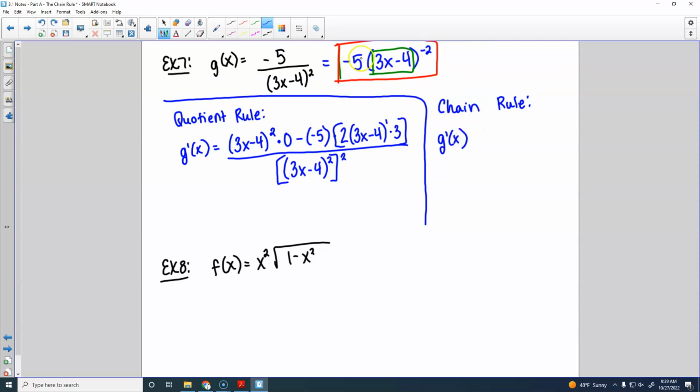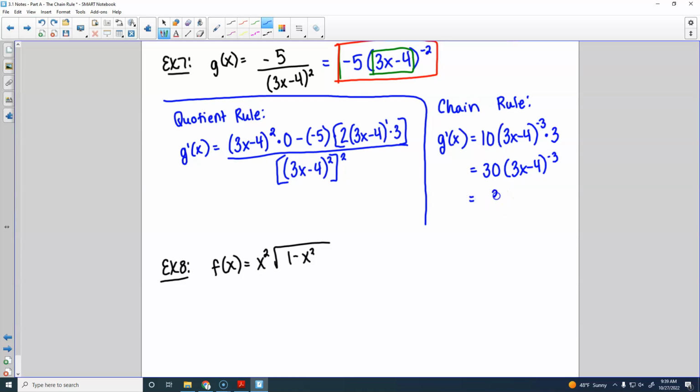So negative 2 times negative 5 gives us 10. We'll have 3x minus 4 to the negative 1. I'm sorry, not negative 1 power. What should that be? Negative 3. I'm subtracting 1 there. And then I multiply it by the derivative of 3x minus 4, which is 3. And so I could combine the 10 and the 3. That'd give me 30 times 3x minus 4 to the negative 3.